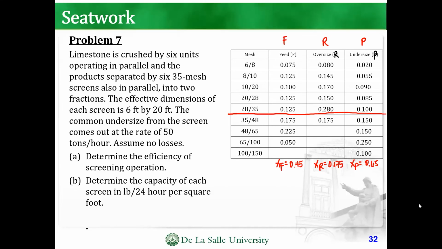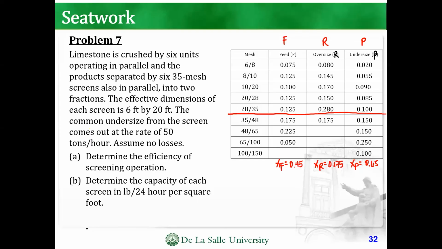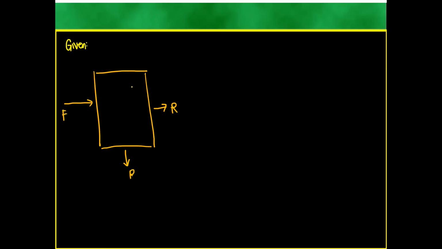Okay, so in here, let's write the given. You have 6 screens, 6 parallel screens. The feed goes to a set of screens, so let's just call this a set of 6 screens. Then you'll get your product and your rejects. Let's place the rejects on the side and the products at the bottom.